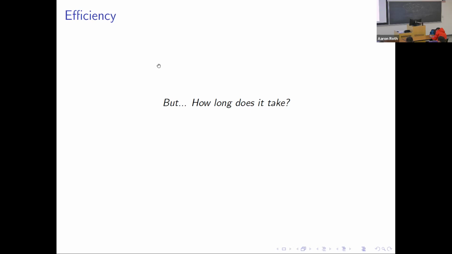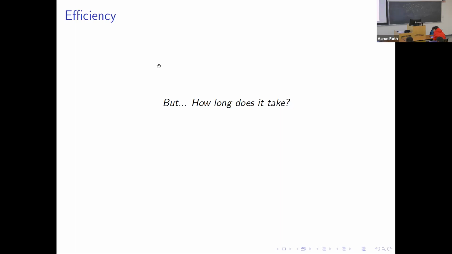Strictly speaking, all we have proven is that the dynamics never visit the same state twice. But if there are n players and k actions, there are k to the n states. And in a congestion game, k could be exponential itself in the size of the graph.